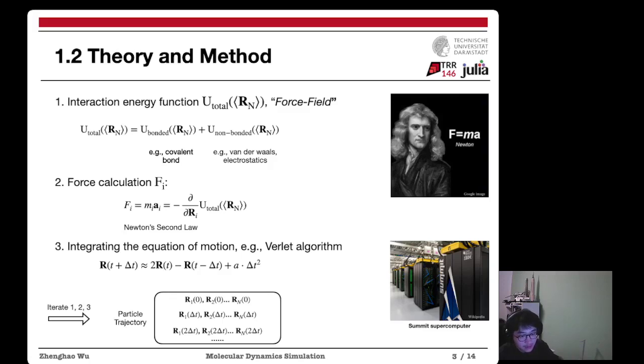The position at the next time step is calculated using the positions at the current time step, the previous time step, and the accelerations obtained in the previous step. Now, by iterating all these steps, we can obtain the particle trajectories over the entire simulation time.